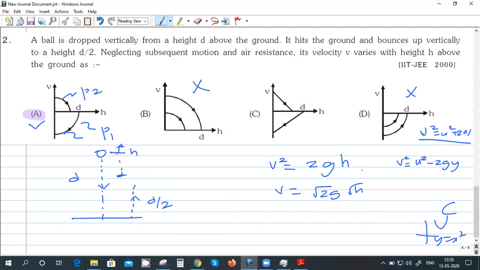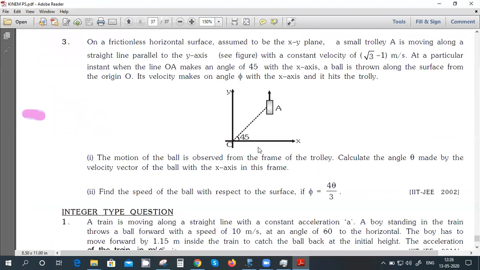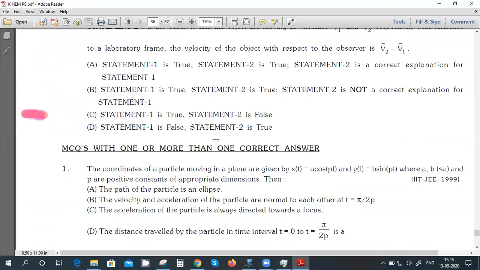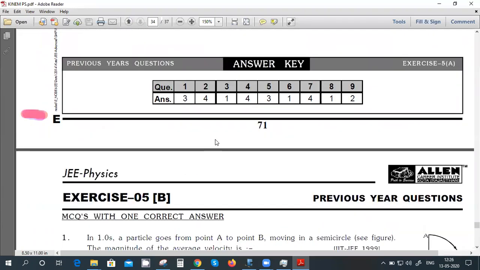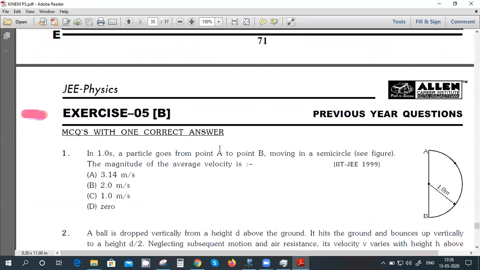Yes, sir. This is a medium type question.